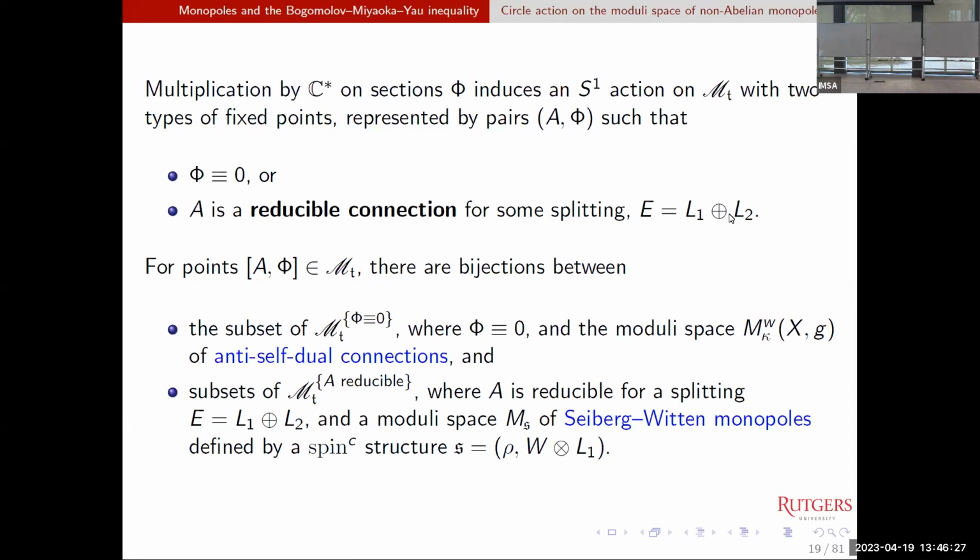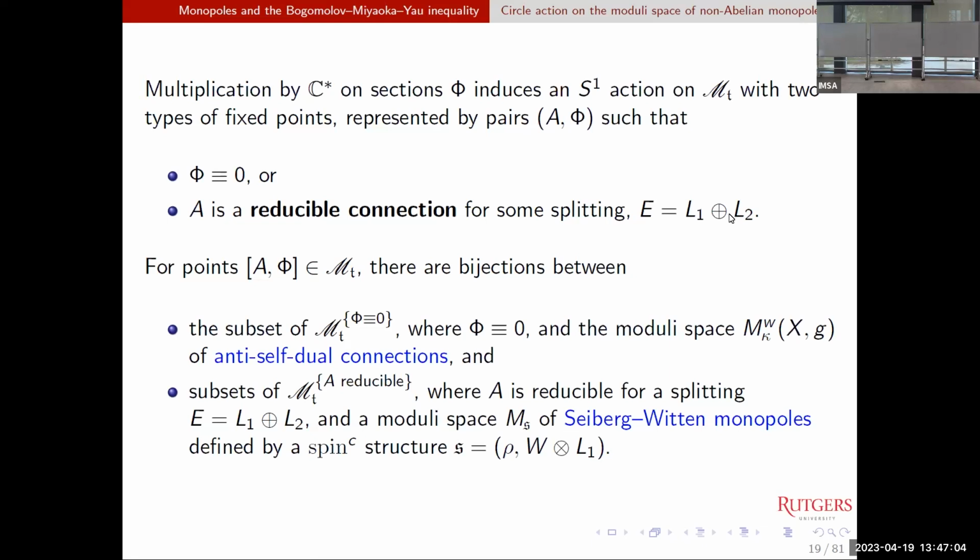But the other thing that's important to remember about these central points is that they are based on the circle actually on the moduli space. So we function that by this. So there's a residual circle left over. And these two types of special solutions represent the circle action.